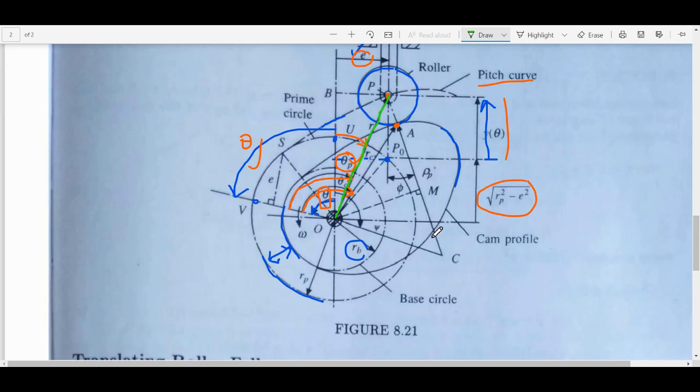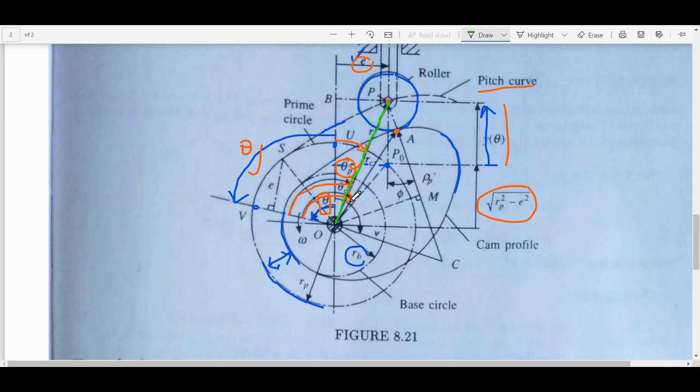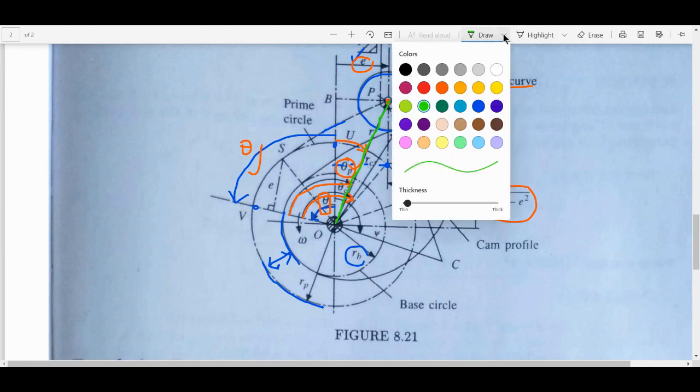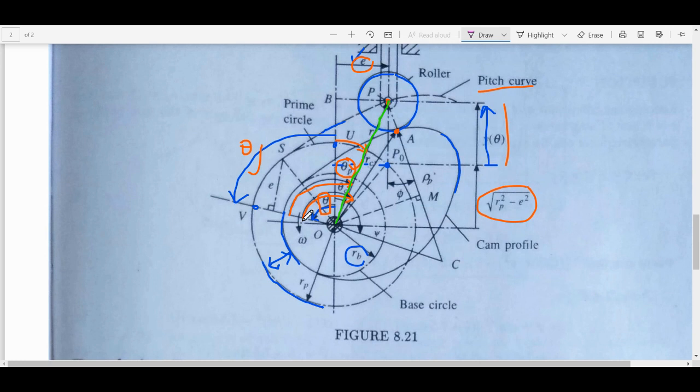And so what we do now is we look at this angle, which is theta c. Let me choose yet another color. I'll use this color. So now I have this angle theta c, from which I subtract theta, and then the tangent of that is this distance by this distance, but this distance here is just this old distance plus the roller radius times the sine of the pressure angle.